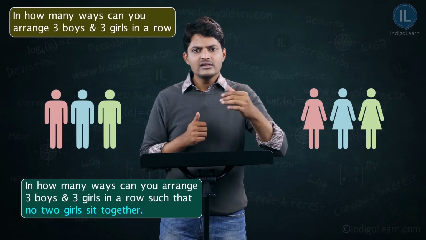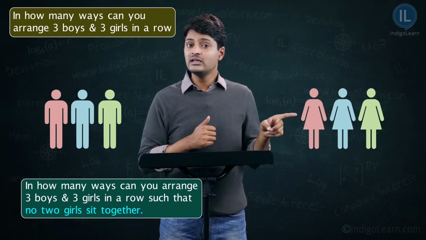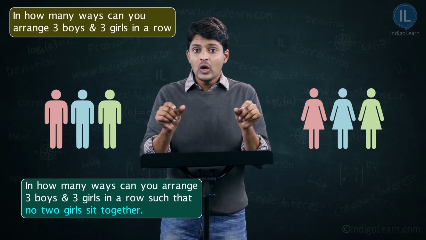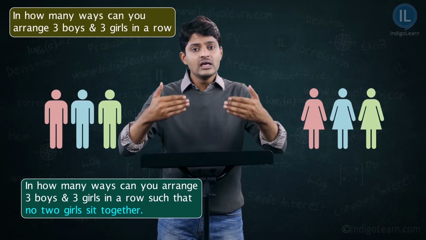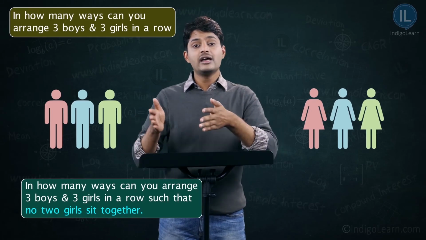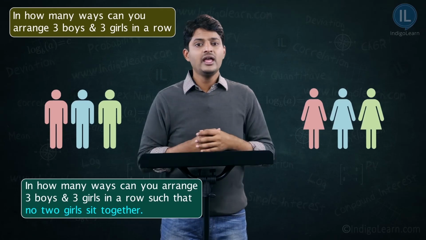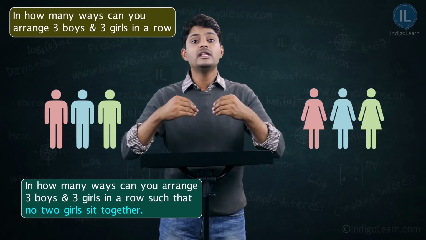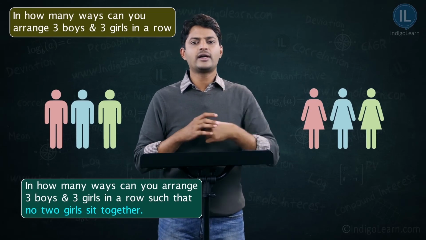If you try to visualize this question, you will realize that if girls should not sit together, they have to sit between boys. Agreed? Now then, since boys have to be arranged first because girls have to sit between them, first my question is, how many ways can you arrange 3 boys in a row? Which is 3 factorial, right?